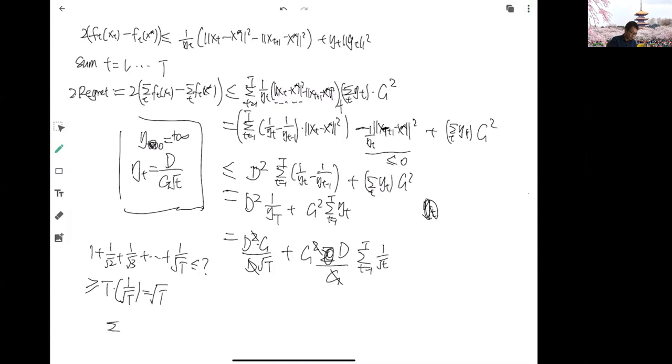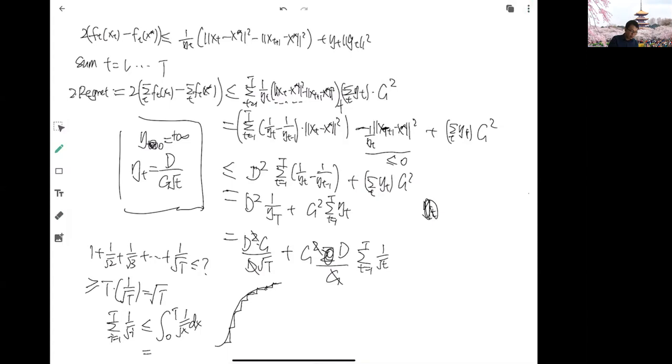So the sum of i from 1 to T of 1 over square root of i, I argue that this is smaller than the integral from 0 to T of 1 over square root of x dx. Why is that the case? The sum is in fact always smaller than the integral pointwise. Therefore, calculating the integral exactly would give an upper bound of this quantity.